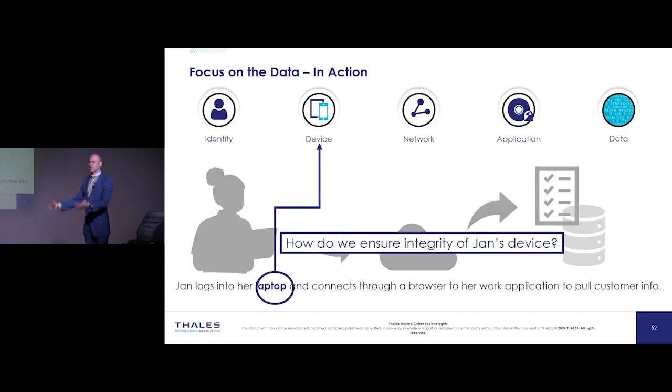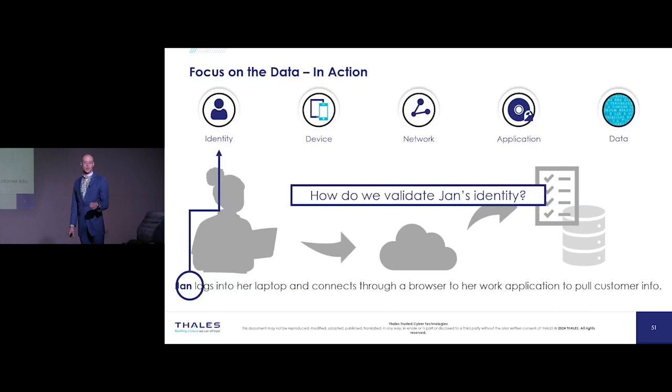This is the first question that we ask in that access transaction. Does Jan have to authenticate with multi-factor authentication? Is the certificate authority that is backing the enterprise PKI rooted in a hardware security module? So we can provide assurances that Jan isn't trying to access the network with a falsified certificate.